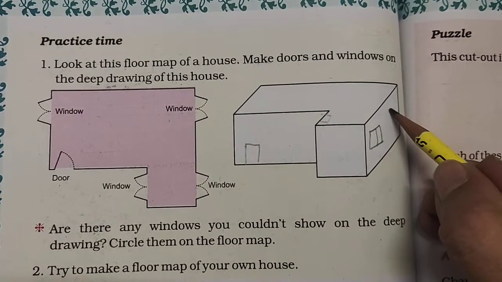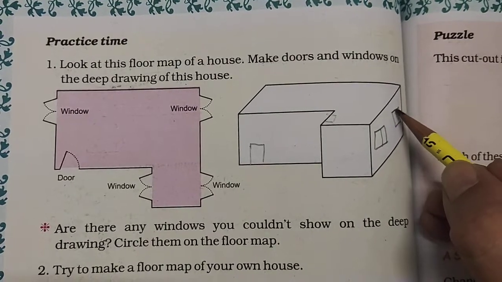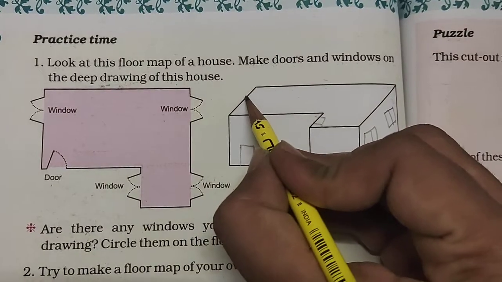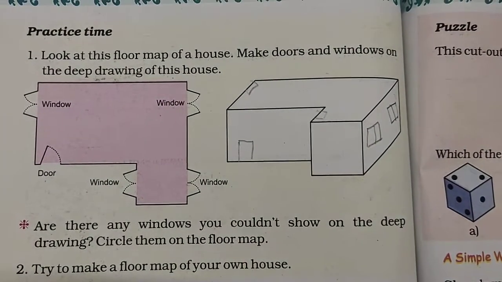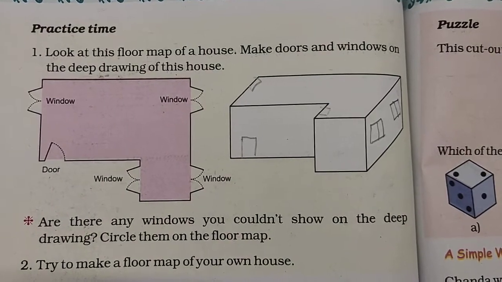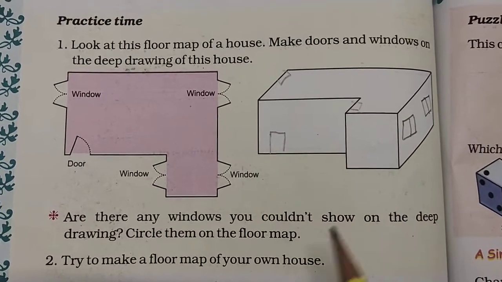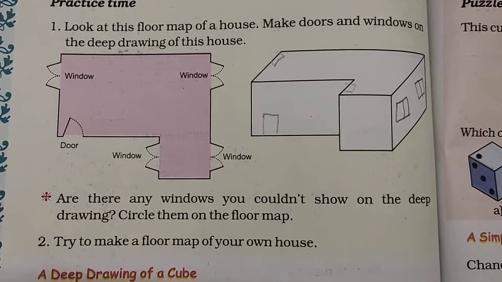At the back here also a window is there. This is also a window, isn't it? And here it will be a window, so I will mark it here. Because we are not able to see that portion, I am just marking it on the roof. Okay. This way we are supposed to locate the windows and door in the deep drawing.